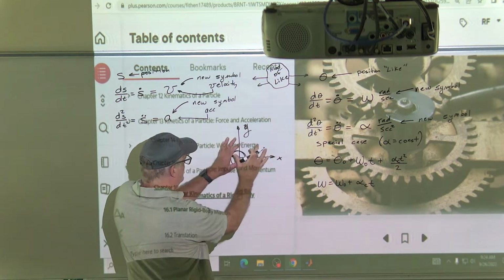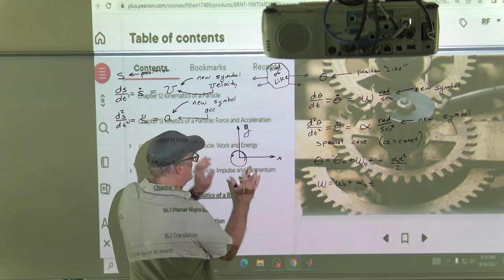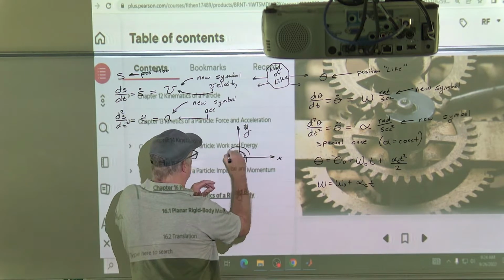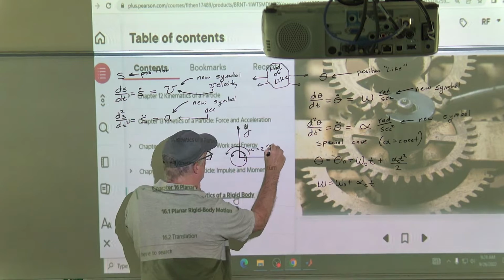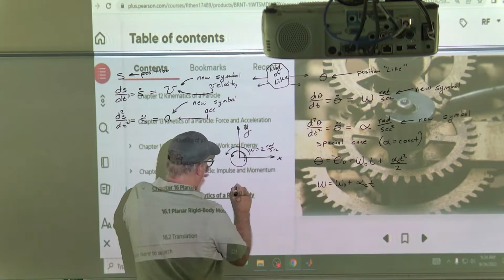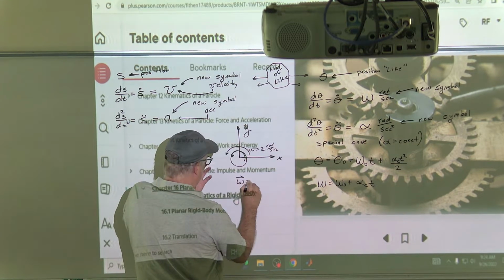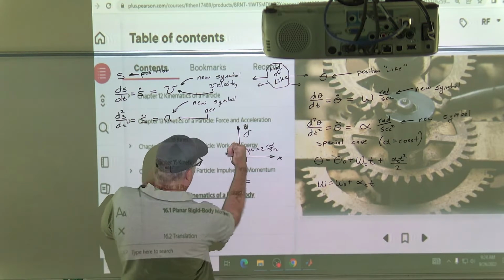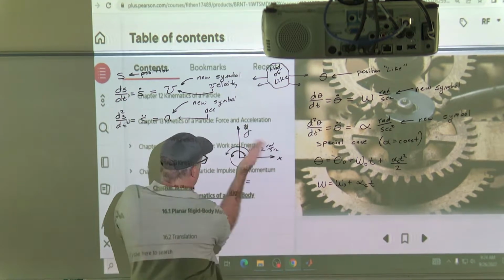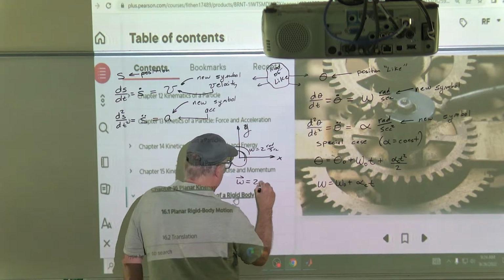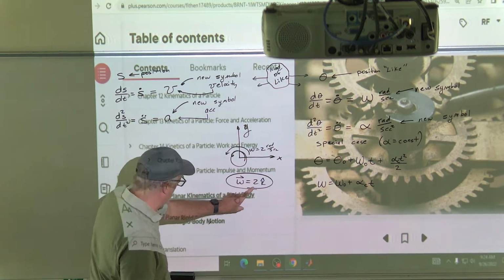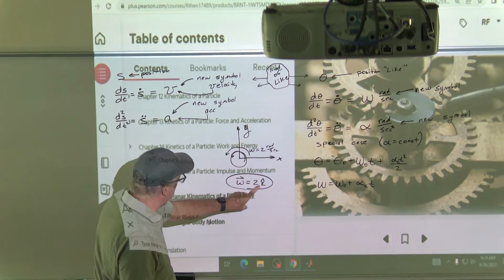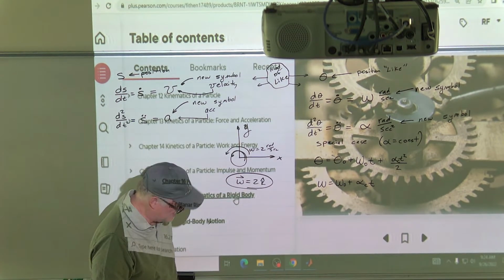Now, it's in this plane, but that doesn't mean there's not a third dimension. So let's say you had omega is equal to 2 radians per second. So actually, if you were to write that in the vector, take the X, cross the Y, it goes in the positive direction, my hand's rotating that way, it's 2K. So it's moving or rotating in a plane, and this is the outer plane component.